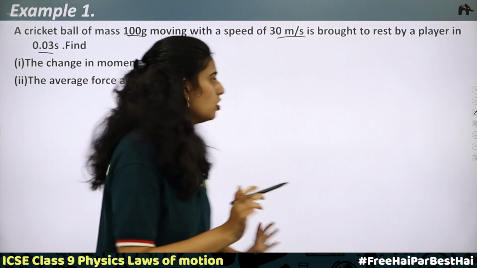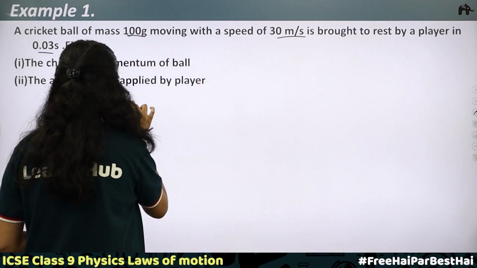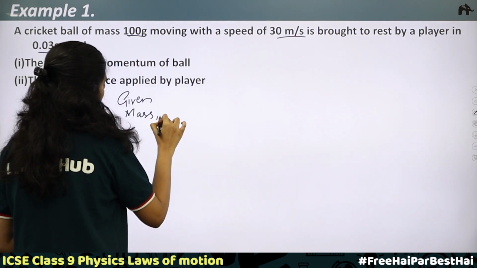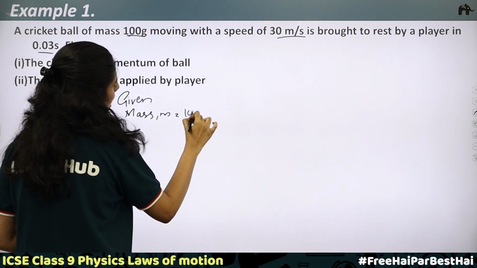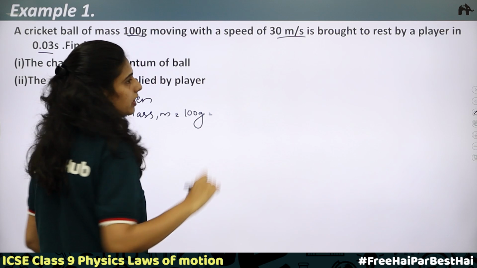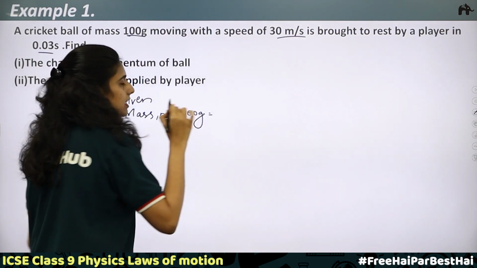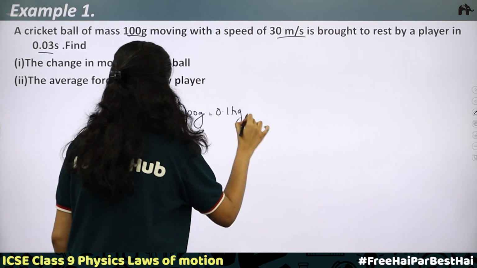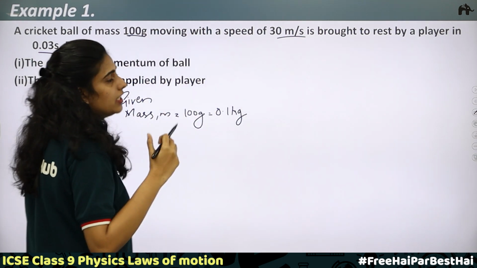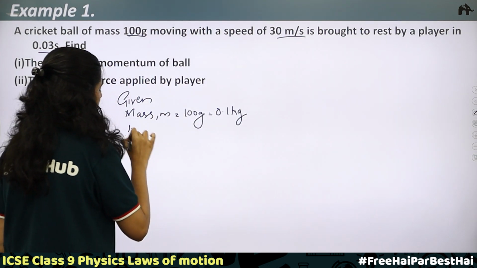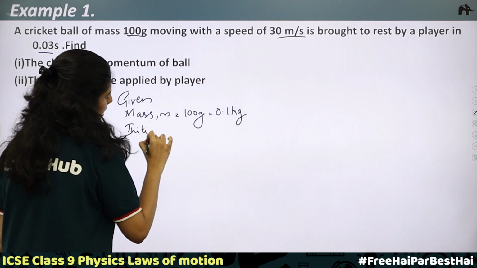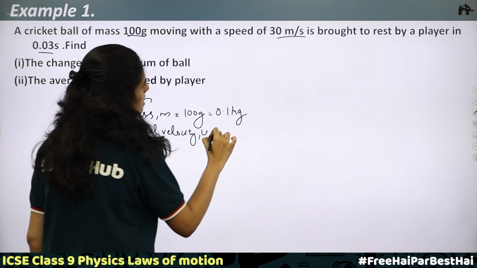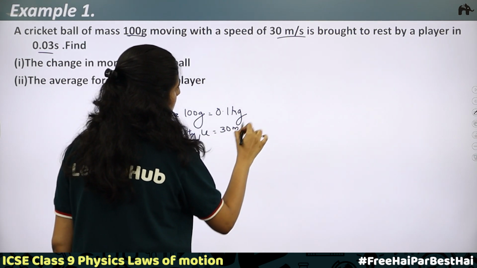Here, what are the given quantities? We are given mass m is equal to 100 gram. We have to convert it into kilogram. What is 100 grams in kilogram? 0.1 kilogram. With the speed of 30 meter per second, initial velocity u is equal to 30 meter per second.